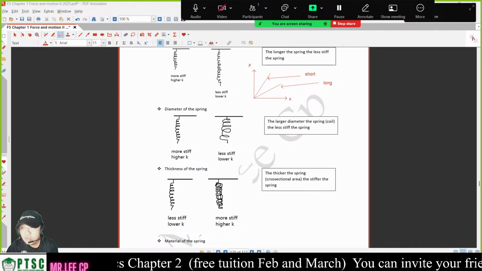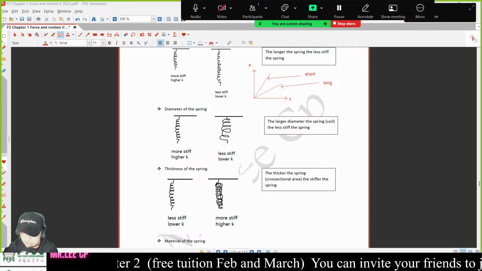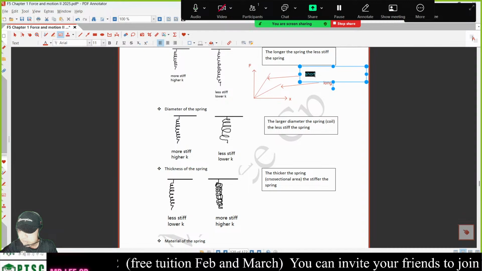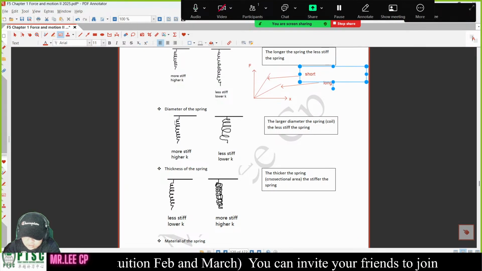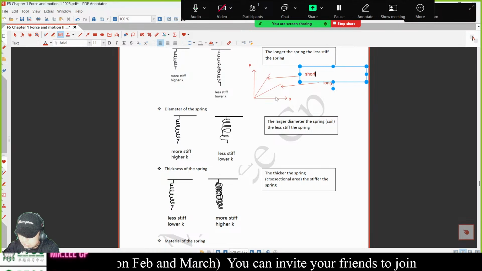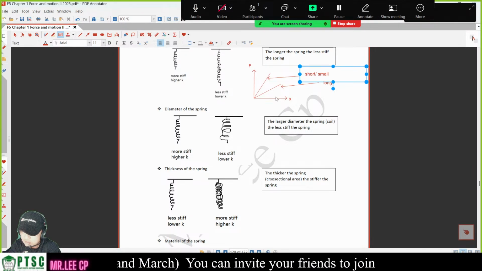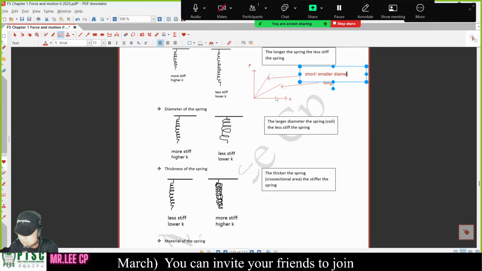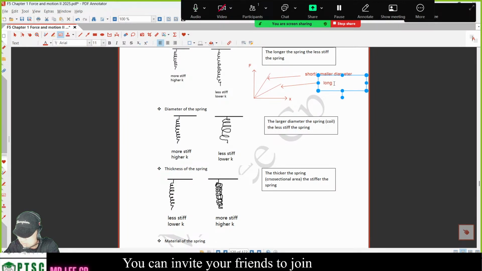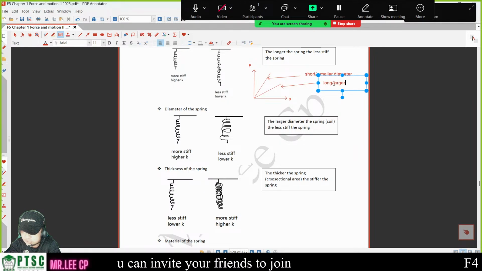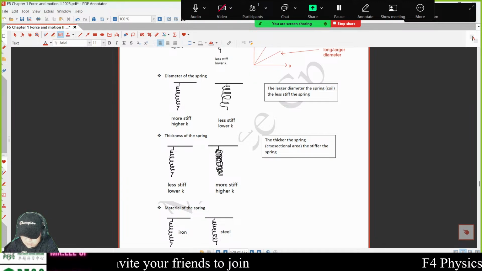Now, if I plot the graph here, this one will be the same. For this graph, this one will be a smaller diameter, short and smaller diameter, and this one is a larger diameter, and this one is thicker.